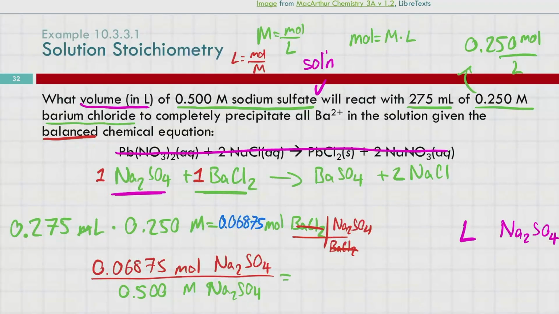This will give us liters. So 0.1375 liters Na2SO4. Or 0.138 if we round it, like we ought.